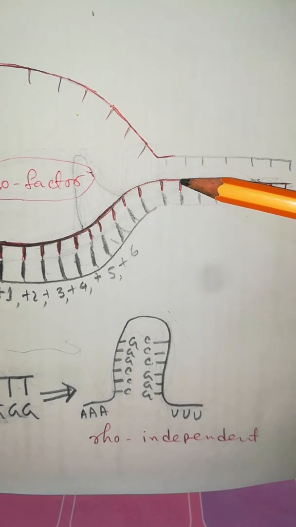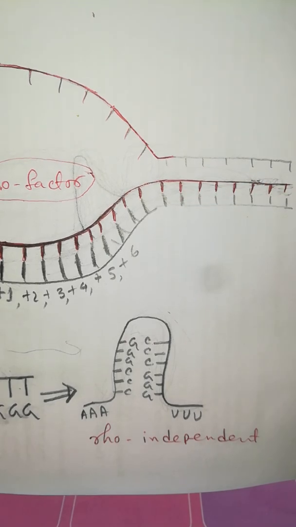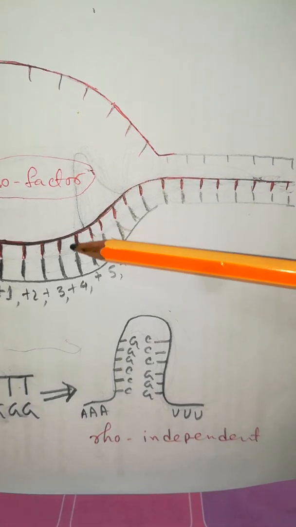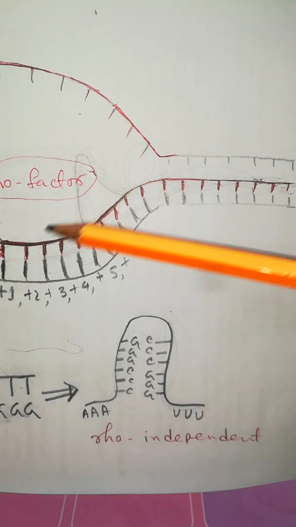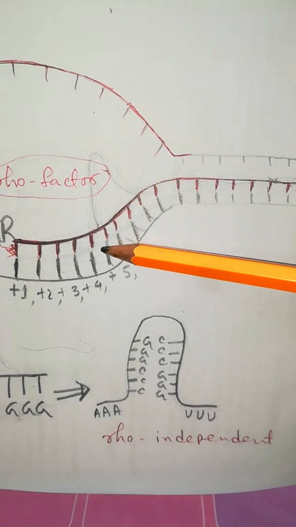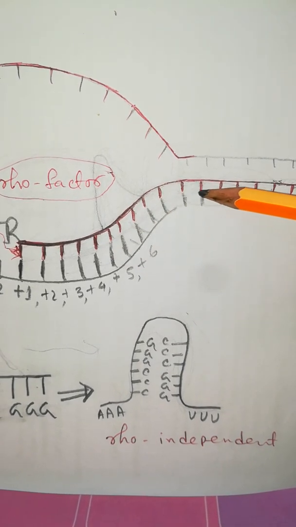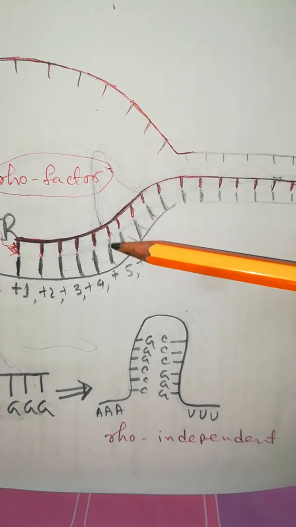This RNA strand is used in protein synthesis. So it is called rho independent termination of transcription.